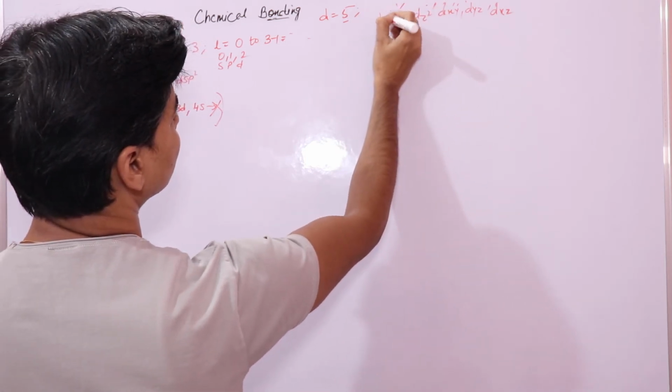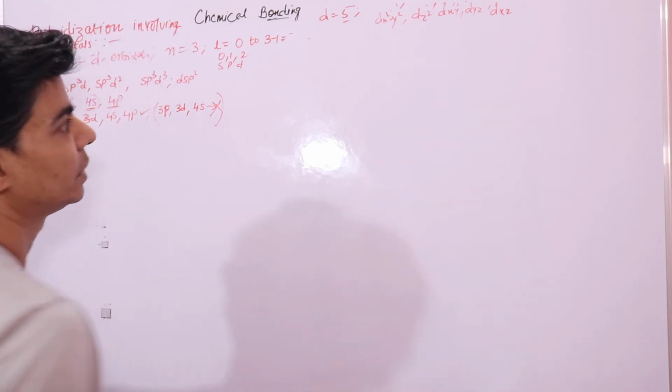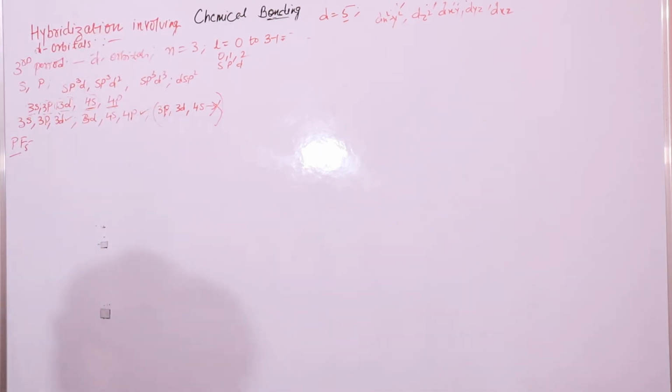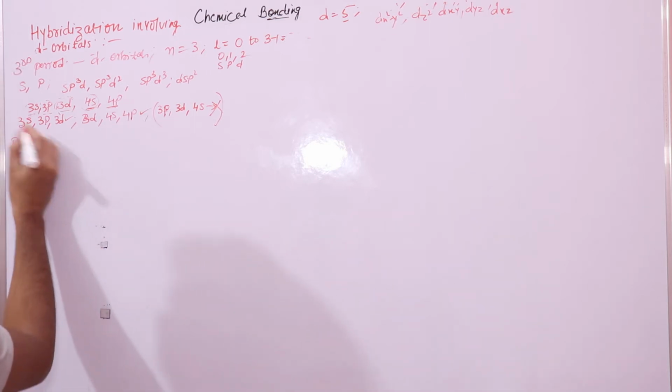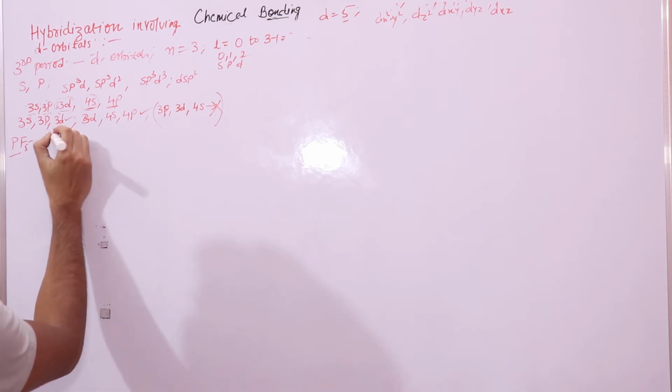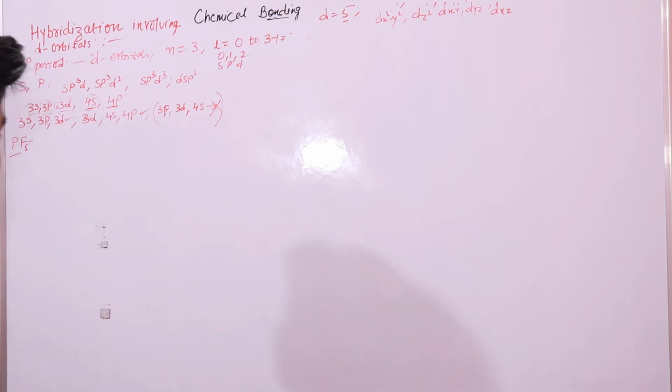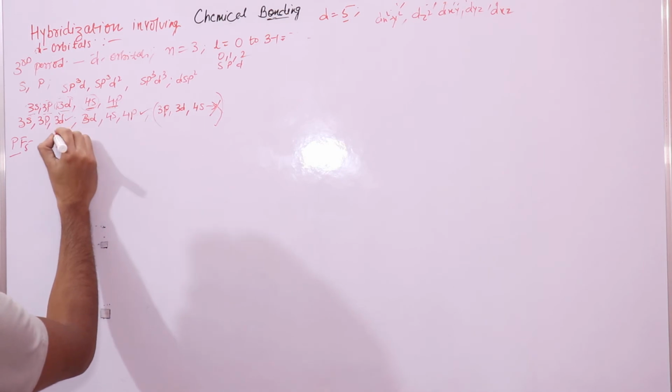So these are the orbitals that would be involved in hybridization. We have 5 d orbitals, and orbitals denote orientation in space. So for PF5, let's write down the ground state electronic configuration of phosphorus.